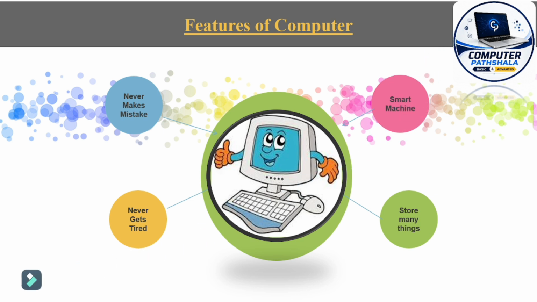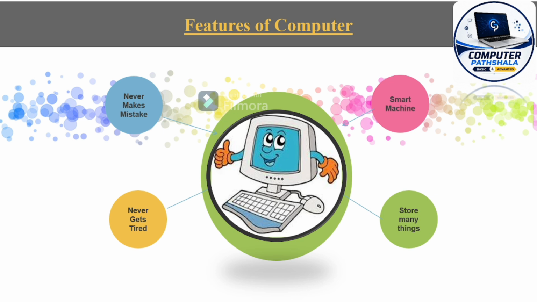So the first thing we are going to discuss is computer speed. Speed means calculation. A computer can perform millions of calculations in seconds. Second is accuracy. Accuracy means the result which we get from the computer.